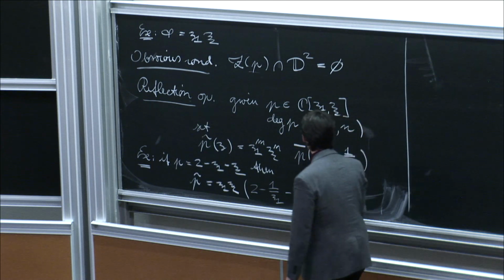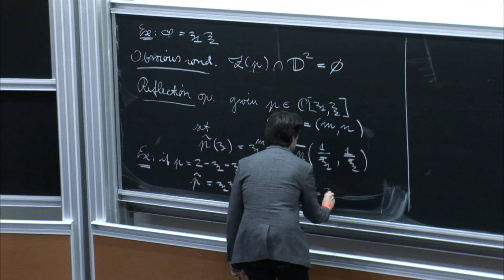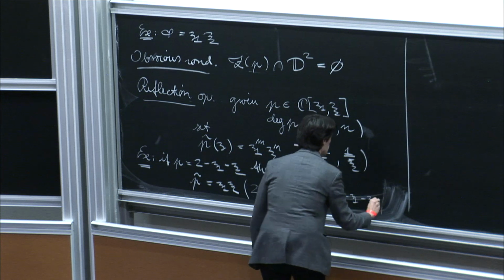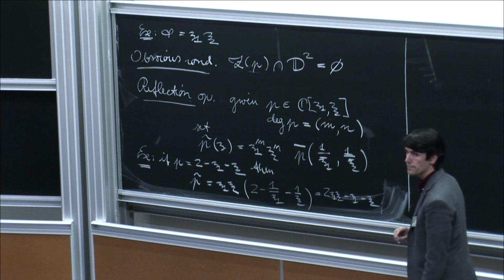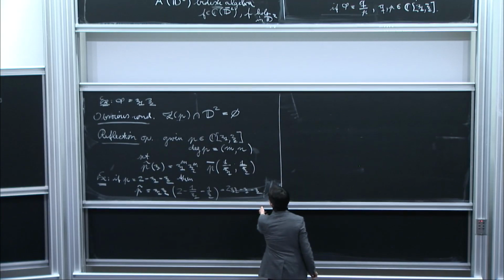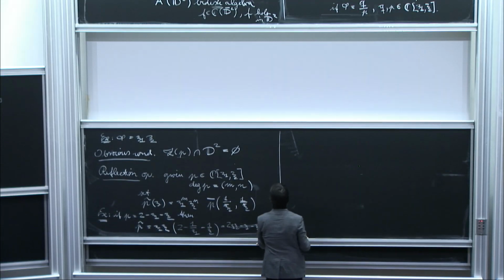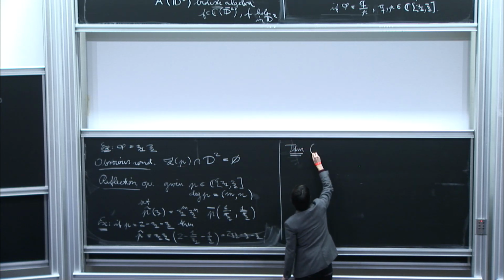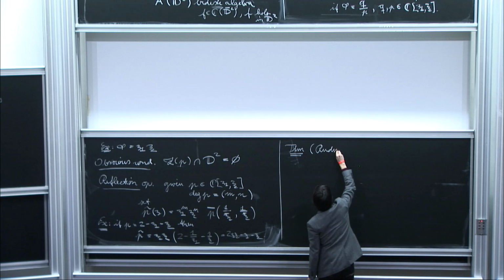And now when I multiply through by z1 times z2, I get 2 z1 z2 minus z1 minus z2. Okay. So I can use this reflection operation to build polynomials out of polynomials. And now the point is this. So this is an old theorem of Rudin and Stout.